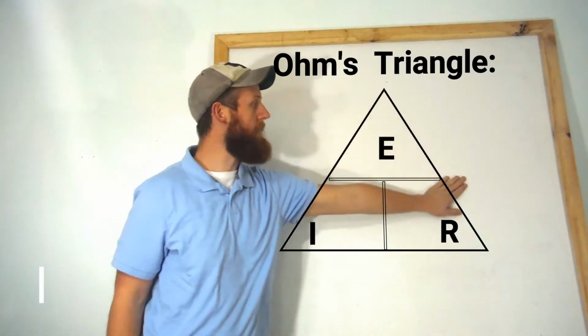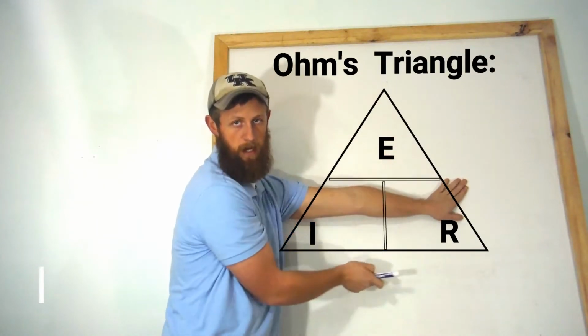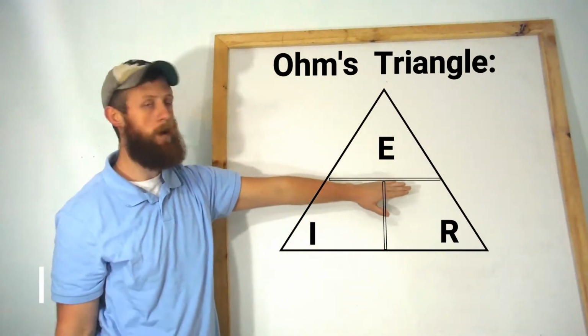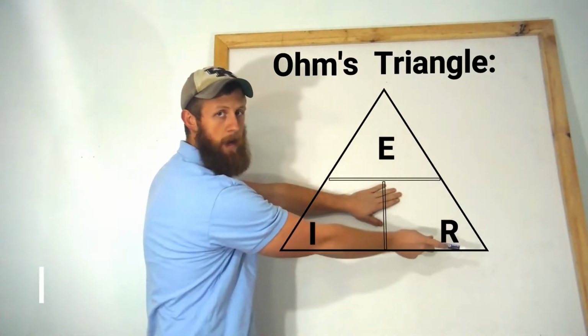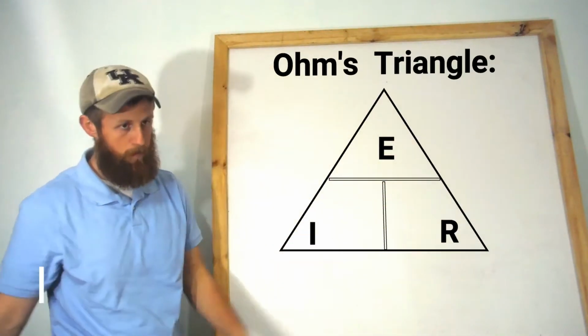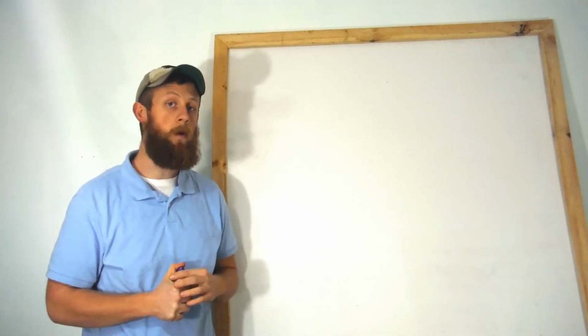If you need to find the resistance, now you have E divided by I, so volts divided by amps. And lastly, if you want to know the amps using Ohm's law, you do E divided by R. Pretty self-explanatory. We'll practice that some later down in the electricity unit.